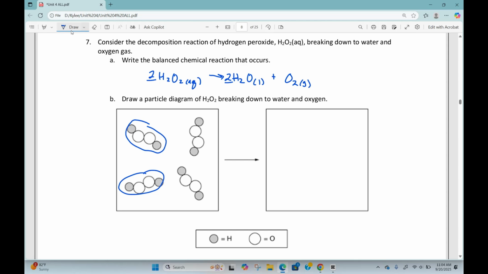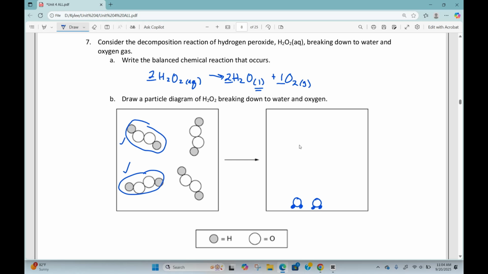I was thinking all the gas phase, but it says it breaks down into water. So I actually should show my water molecules down here. So 1 water molecule, 2 water molecules, because I'm using the coefficients. 2 peroxides, 1, 2, is going to make 2 water molecules, 1, 2, and then the coefficient of 1 would be implied in front of oxygen.